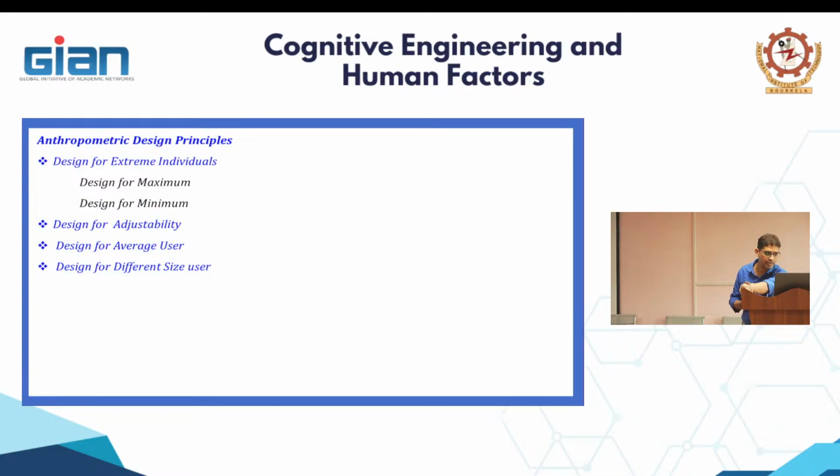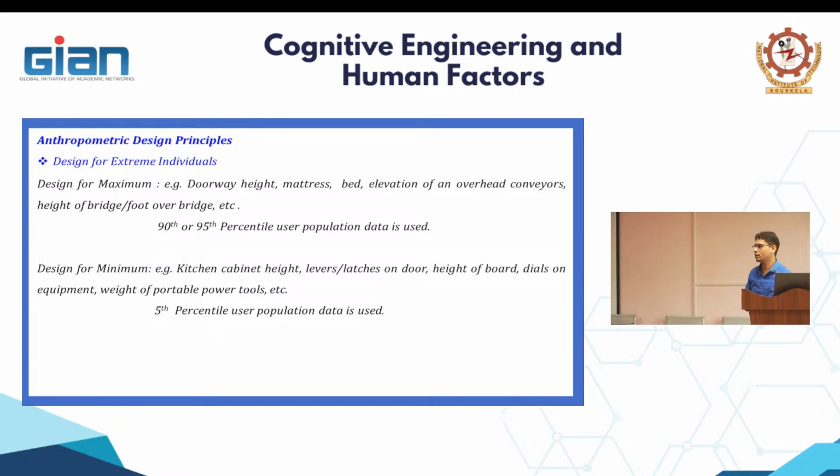Then design for adjustability, design for average user, and design for different size users. When one particular principle fails, then we go for the other one. When that fails, then we move to the next one. So what are the dimensions and what are the applications.